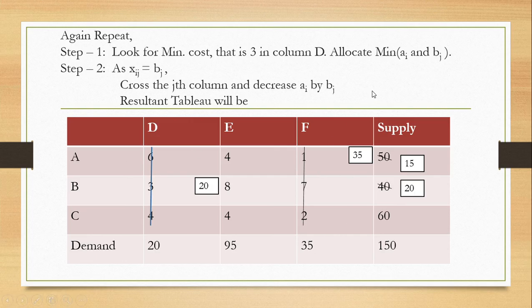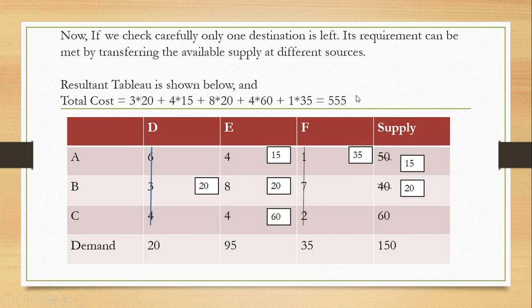Now we have to repeat this step, but we don't have any other column left to be reduced. So instead of repeating the entire step, we will just allocate the units as per the availabilities, because there is no other cancellation that can take place. So 15 got 15, 20 got 20, and the remaining 60 got 60.